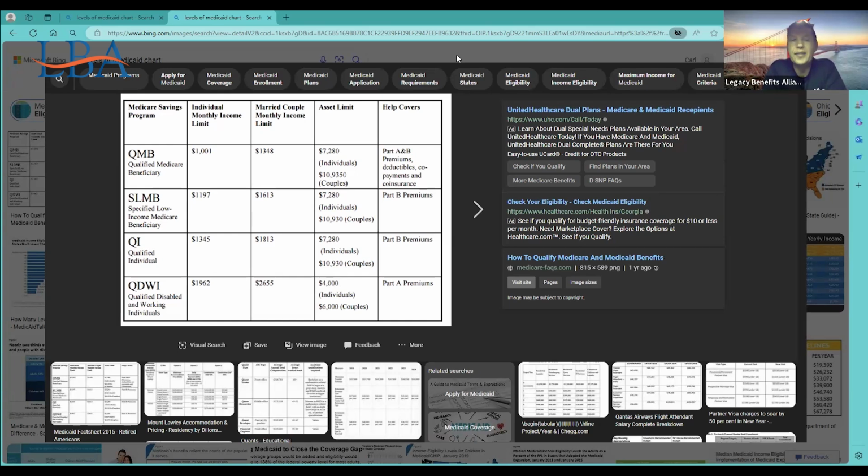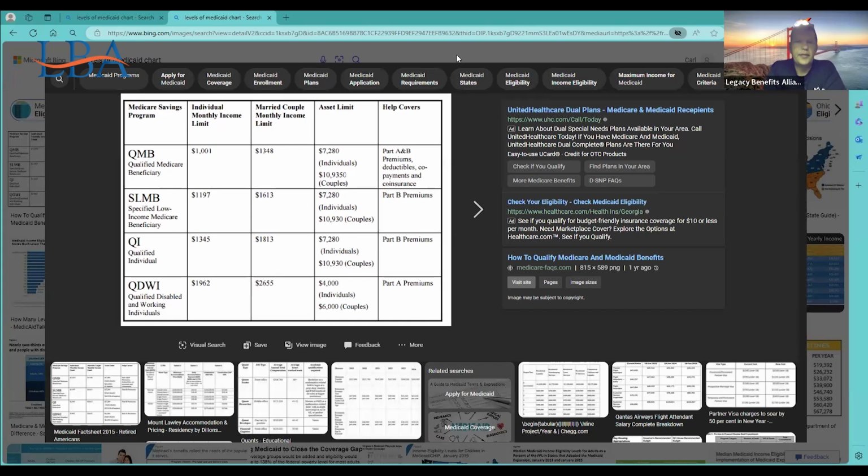It has its own SEP. There's income limits, both for individual and if they're married, and it has an asset limit. What does it do? It takes care of their Part B premiums only, right? Unless you find a plan that says otherwise. And there are very few of those.